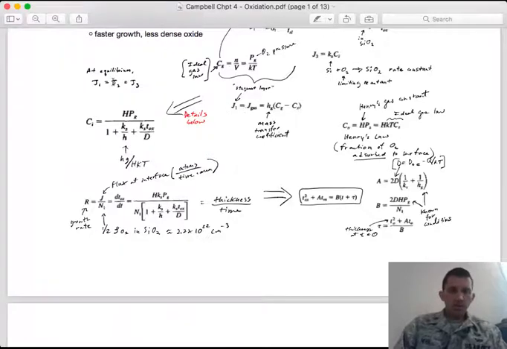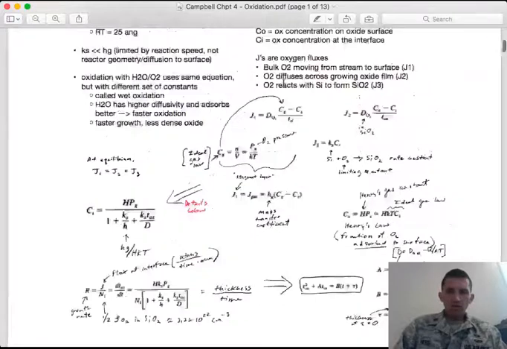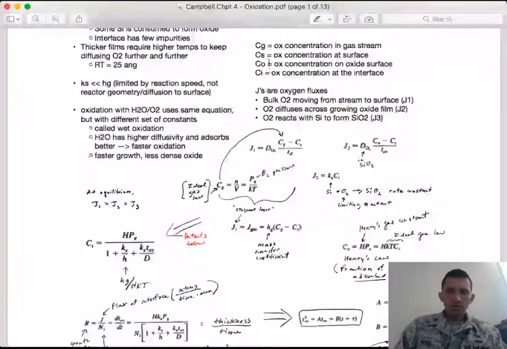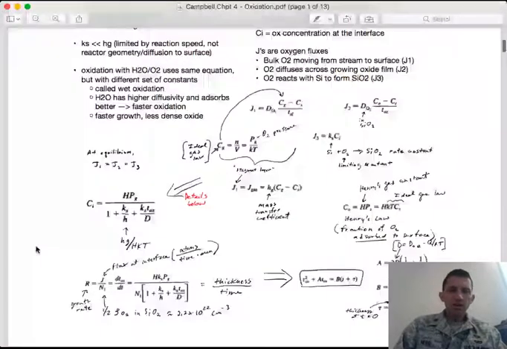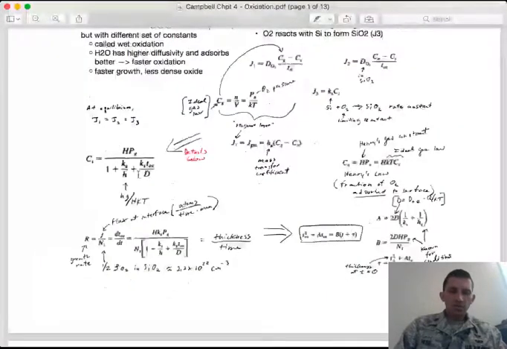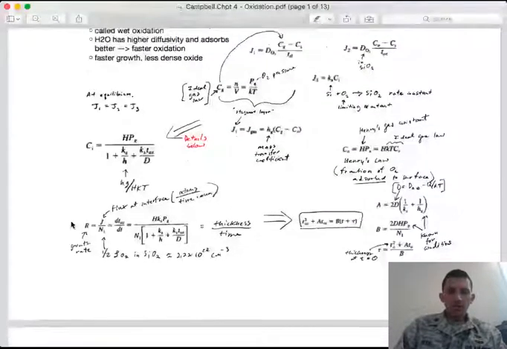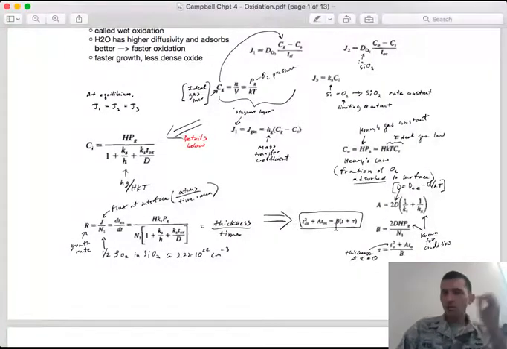And so we can combine those three equations and the three unknowns that we have, which would be CS, C0, and CI, as we'll see below, to form an expression for CI, which we can then integrate to give us our growth rate, which gives us this solution to that differential equation here.